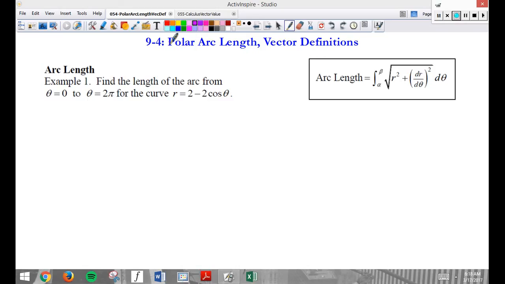The first thing is to find the arc length from 0 to 2 pi for this curve. So honestly, it's just going to be a formula. I'm just going to use the formula really here. So I know the bounds of the formula. They told me to go from 0 to 2 pi.